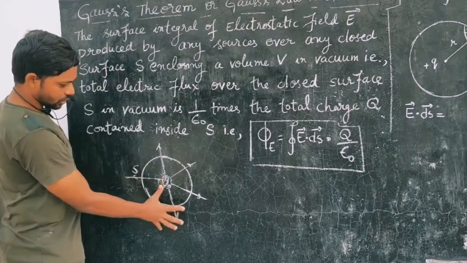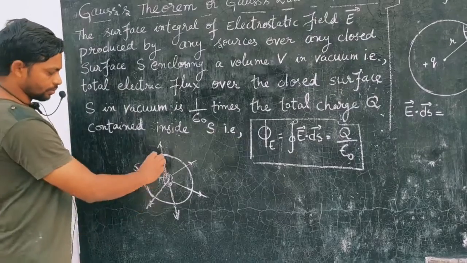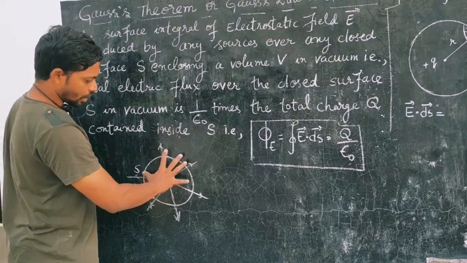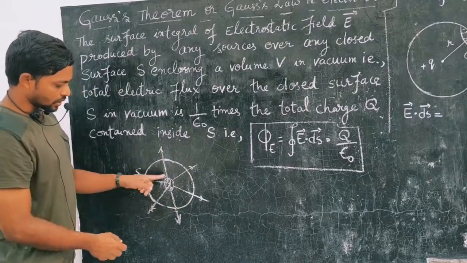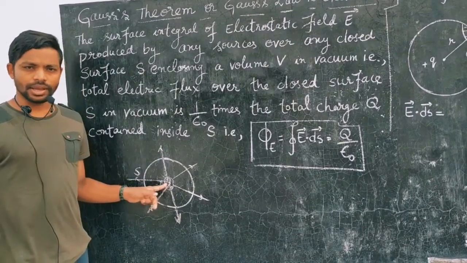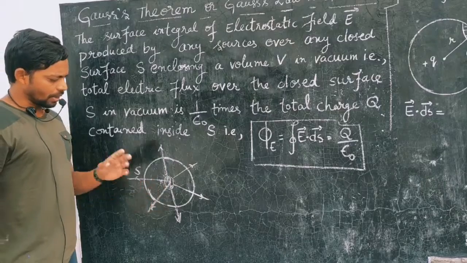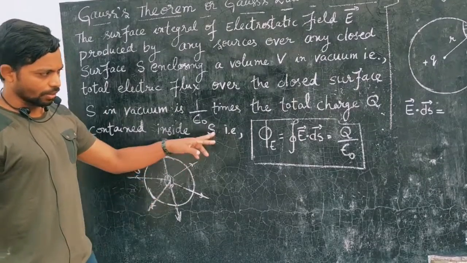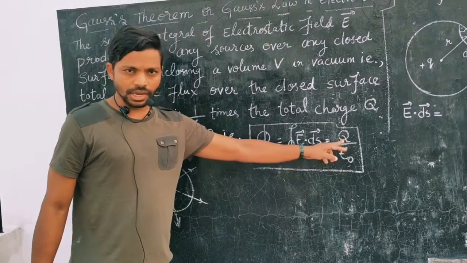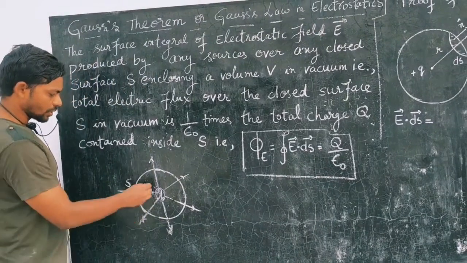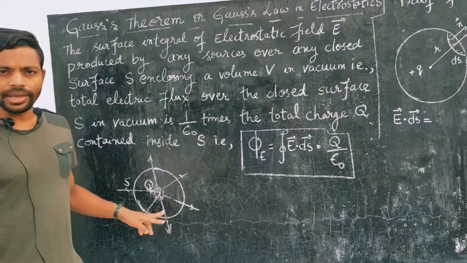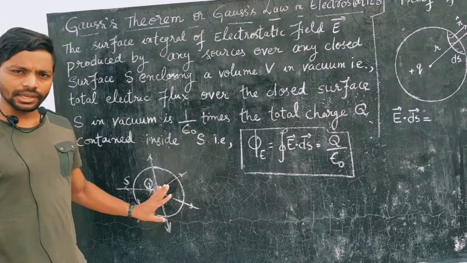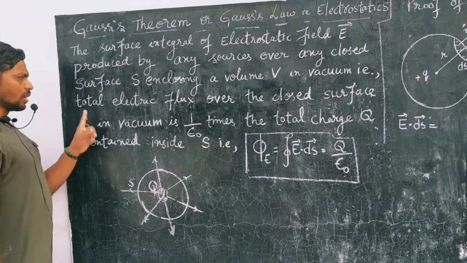So this flux which is coming out across this closed surface, it all depends on the charge enclosed inside it, and it also depends on the medium. If it is vacuum, then it is 1 by epsilon naught times of the charge enclosed inside it. If it is Q, then the flux which is coming, that is 1 by epsilon naught times the charge enclosed inside it. That is what this line says.